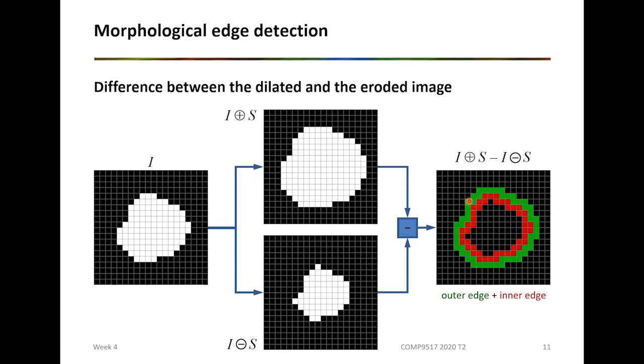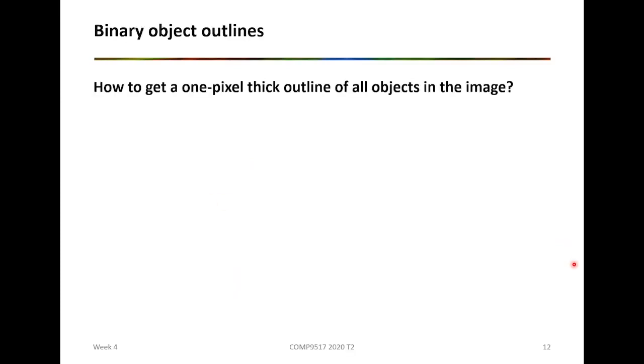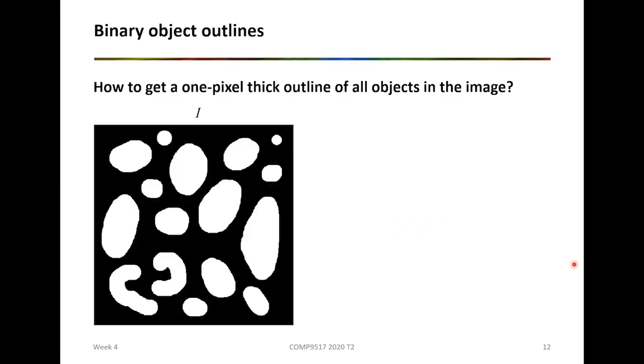In other words, the green pixels are the original background pixels that are connected with the object pixels. And the red pixels are the original object pixels that are connected with the background pixels. So you could take either one of those. That's shown here. How do we get a 1 pixel thick outline of all objects in a binary image, such as this one?